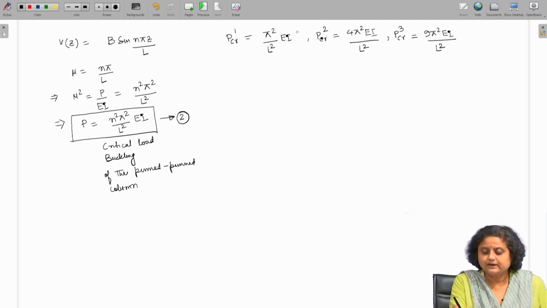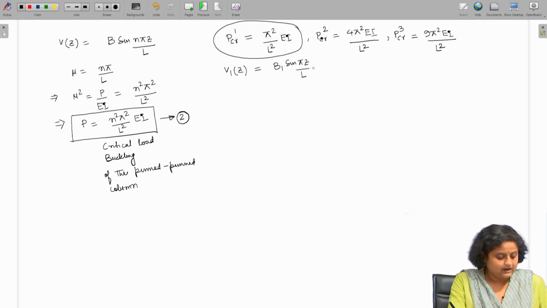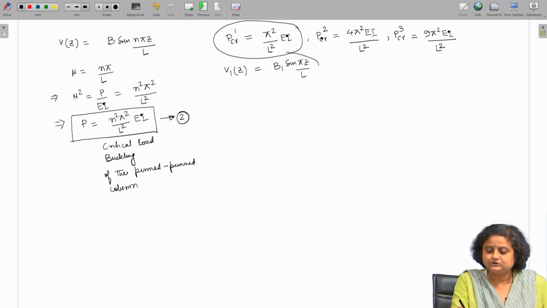Now, corresponding to P critical 1, my V1 z is going to be some B1 into sin pi z by L. So, these are nothing but the shape of the buckling load.